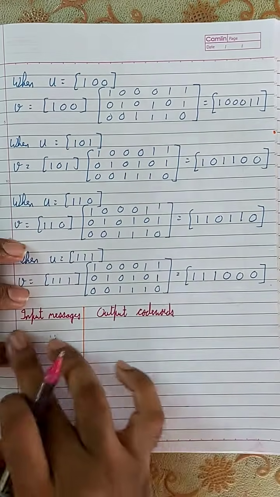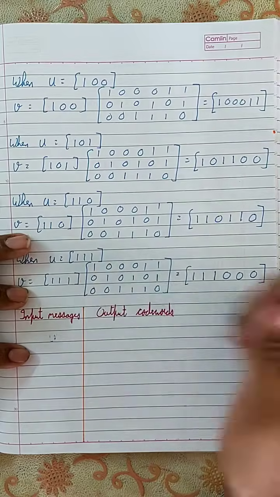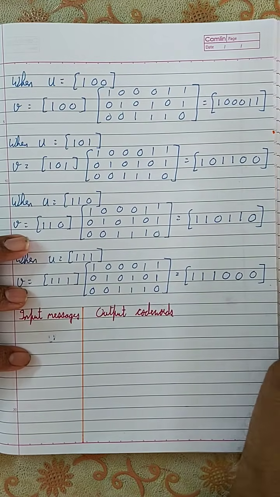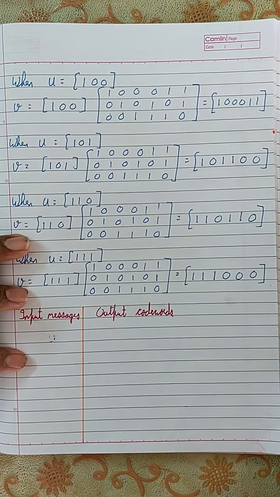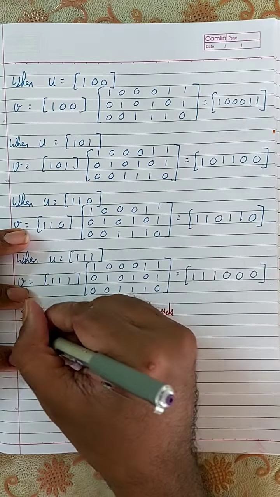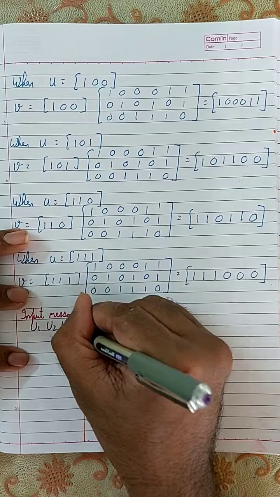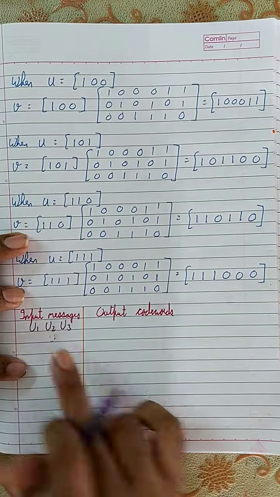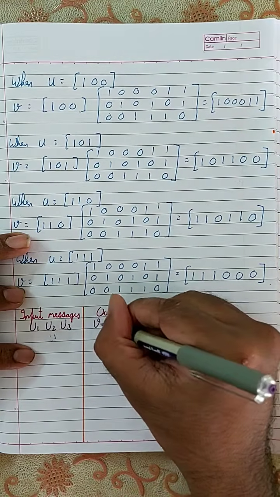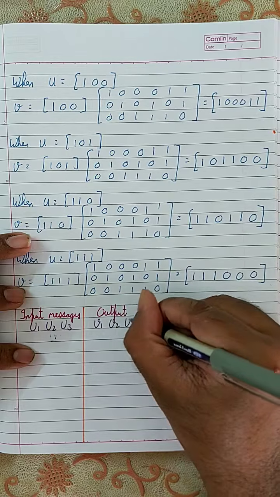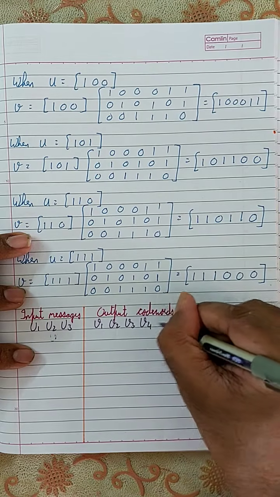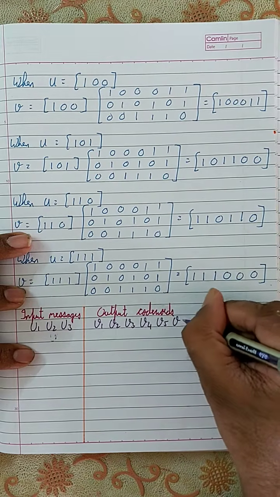Okay, so the input messages are U1, U2 and U3. These are the input message bits, and the output bits are V1, V2, V3, V4, V5, V6.